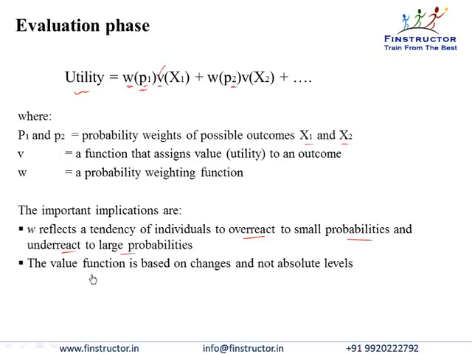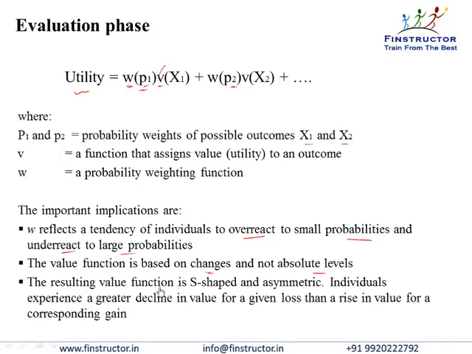The value function is based on changes and not the absolute levels of wealth, and the value function tends to be S-shaped and asymmetric, representing that individuals experience a greater decline in value for a given loss than a rise in value for a corresponding gain, as we discussed earlier.